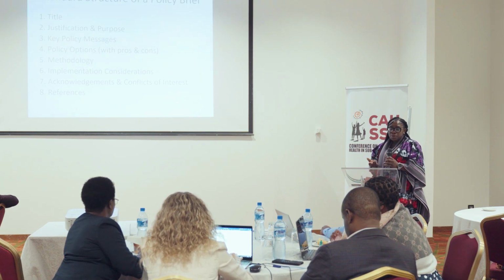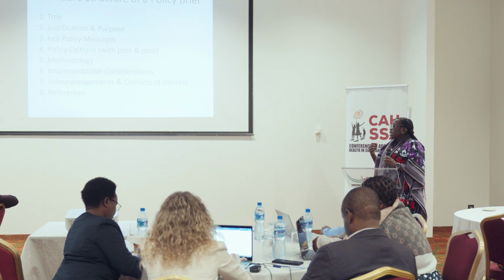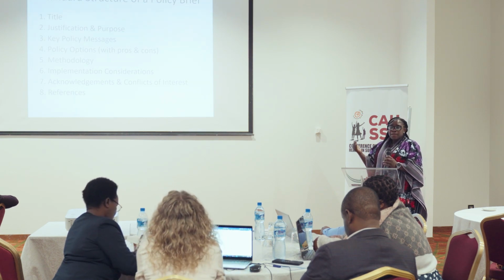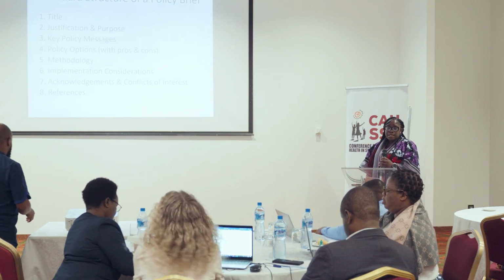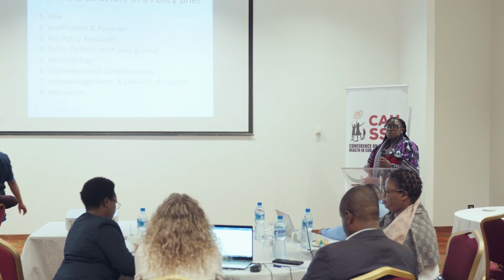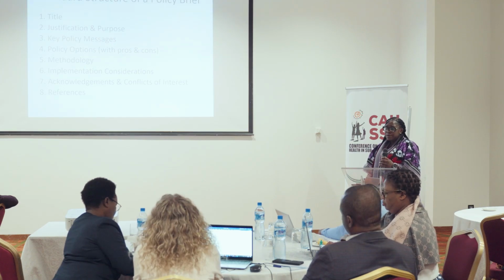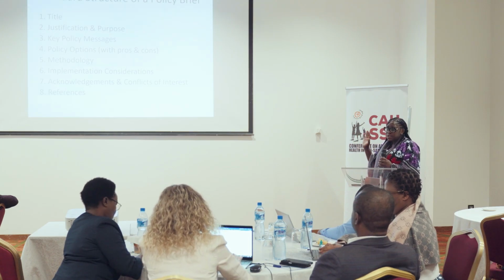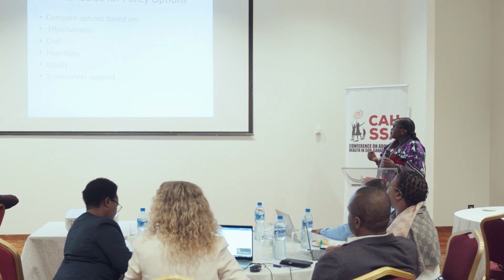There has to be a methodology, not only on how you received this information but how it should be actionable. There should be implementation considerations, financial, relational, and all different other considerations. It's good to acknowledge and mention conflict of interest, and where possible, it's very important to also mention the references. So this is a very standard and structured structure of a policy brief.